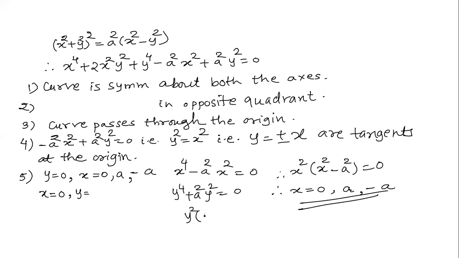So y square into (y square plus a square) equal to 0. That means y square equal to 0 means y equal to 0, and y square equal to minus a square, there is no real value of y. So only y equal to 0. Only origin.